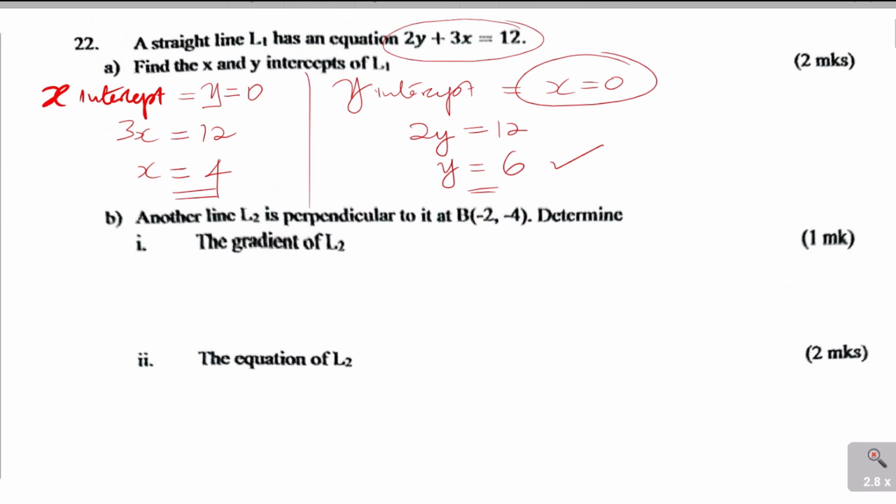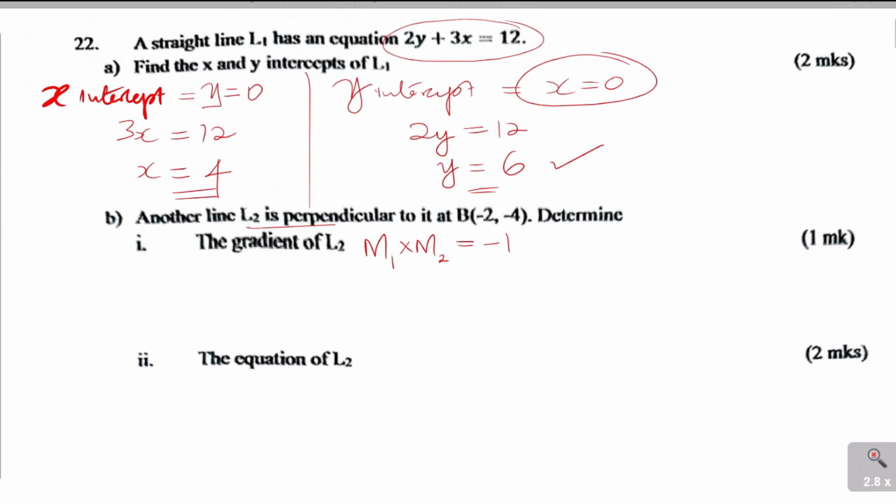We go to part B. Another line L2 is perpendicular to it at B, -2, -4. Determine the gradient of L2. When two lines are perpendicular, the product of their gradients, let's say the first line has gradient m1 and the second line has gradient m2, is -1.